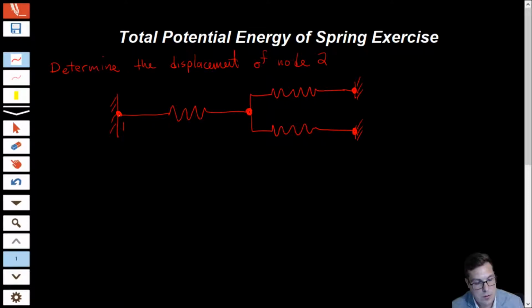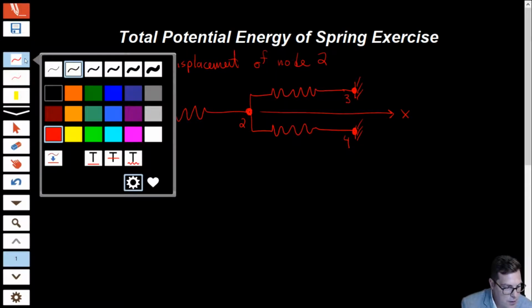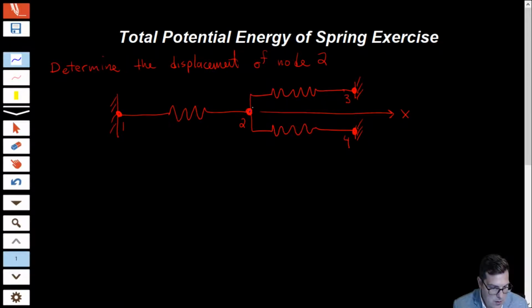Node 1, 2, 3, and 4. So we have our x direction, and I should have probably used a different color here, but we have our force. That's pretty hard to see.